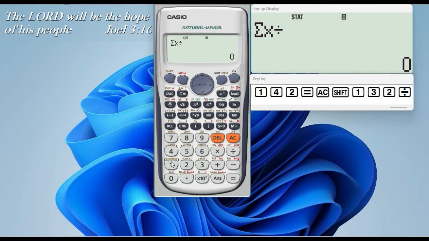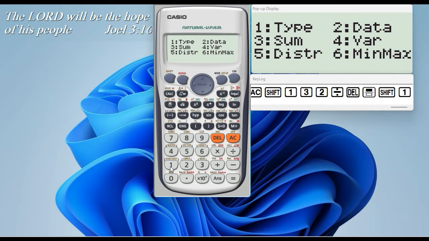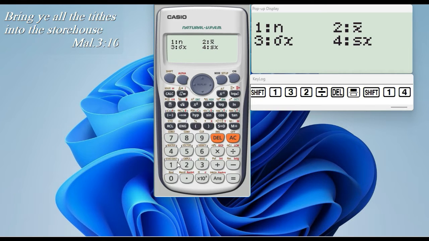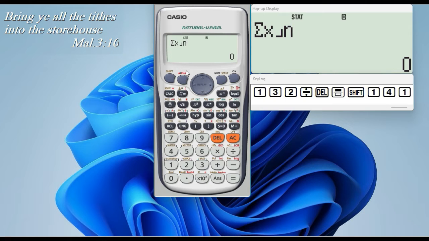Press shift, then 1, then you select variable, then 1 for n, and then hit the equal sign. We are going to get the same result, 3.6. Alright, so that is how to get the mean, the summation of those items, and other stuff.